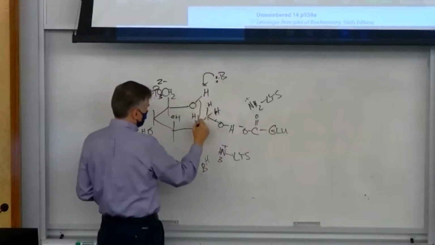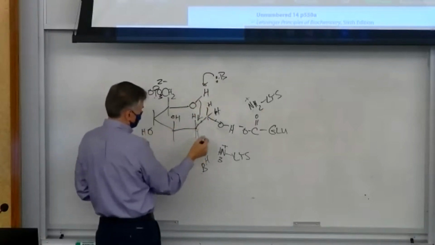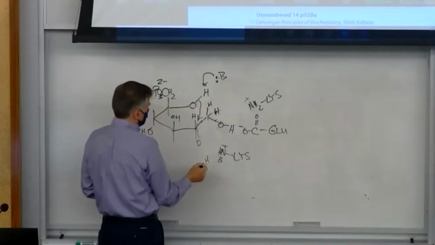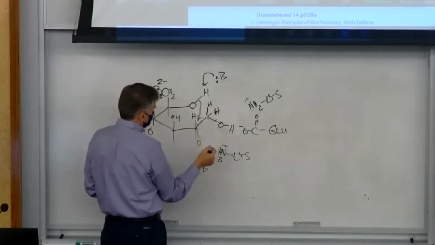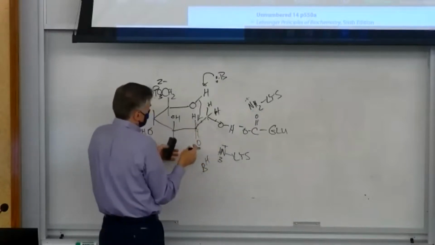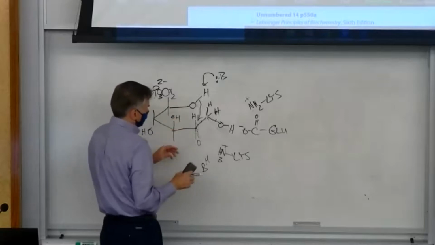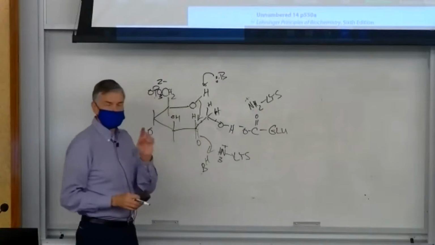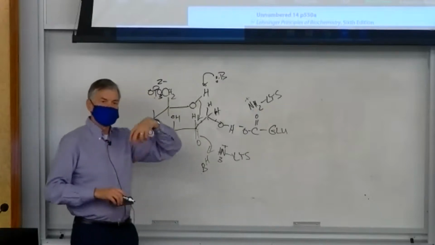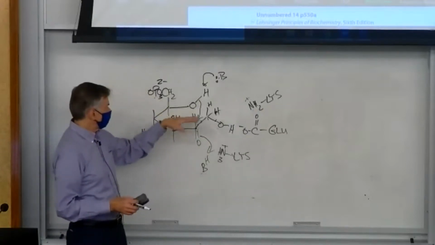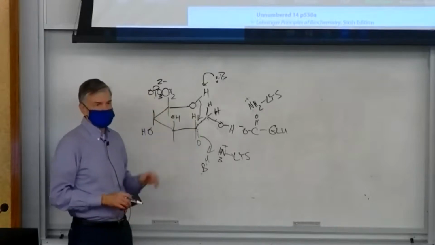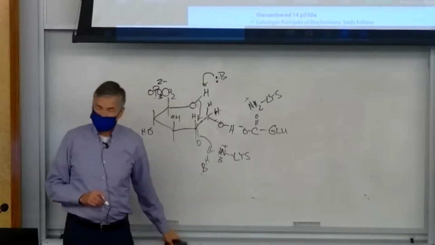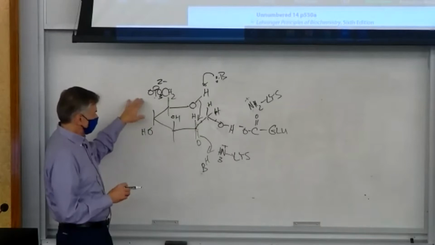This pair of electrons will attack this, and we will close the ring. And this will push out, pick up this proton, and we'll now end up with fructose cyclized with its 6-phospho species. Okay.